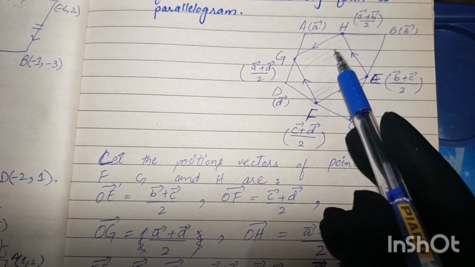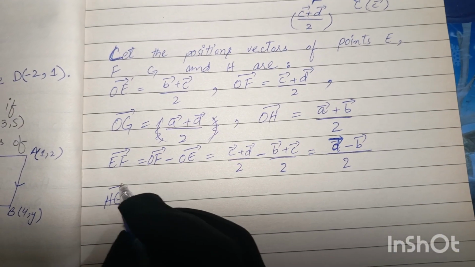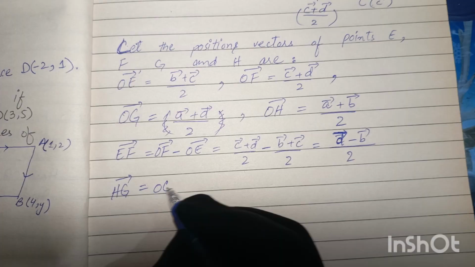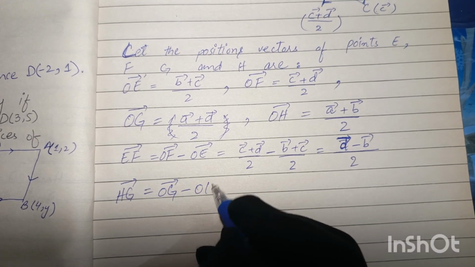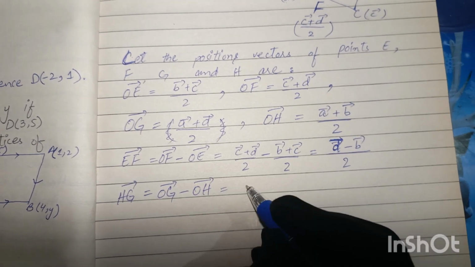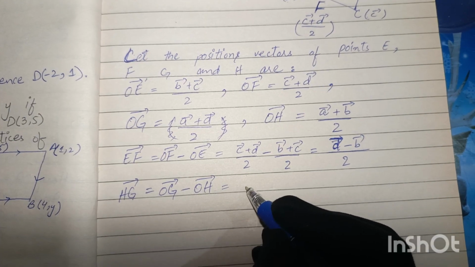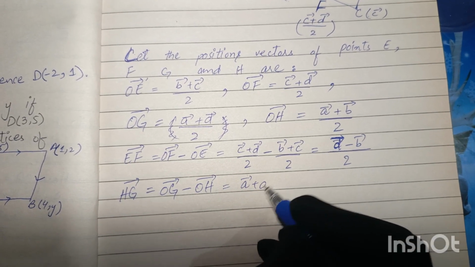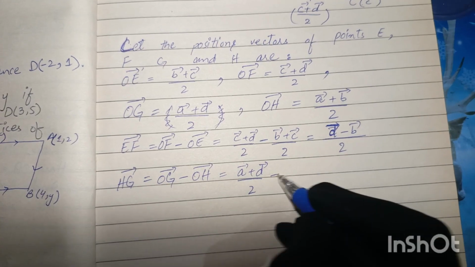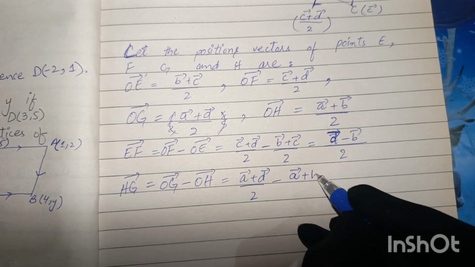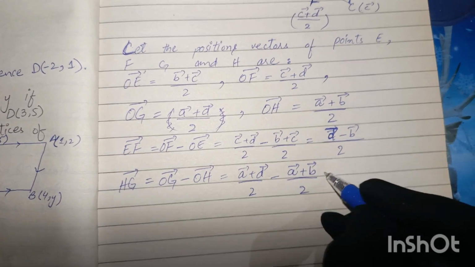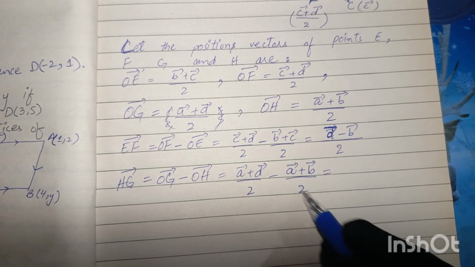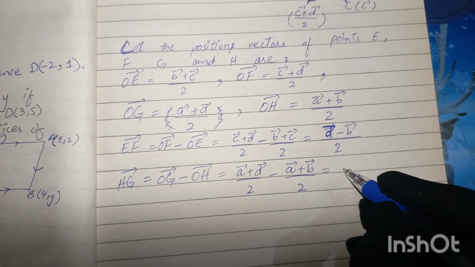EF is done, so now we find HG, which is equal to OG minus OH, and OG is (A plus D) divided by 2 minus (A plus B) divided by 2. So A by 2 is cancelled with A by 2.